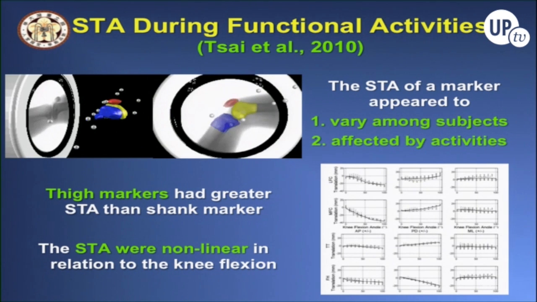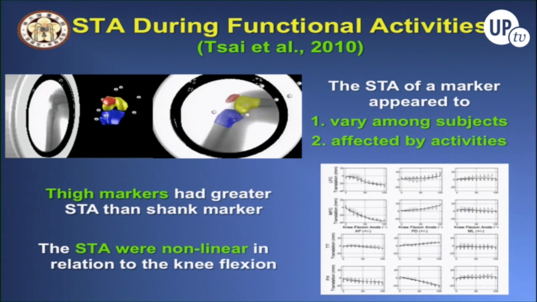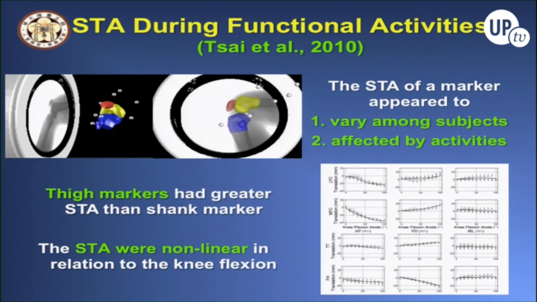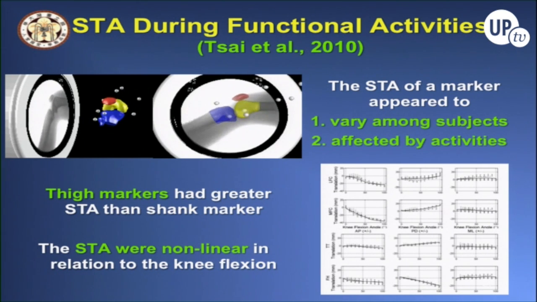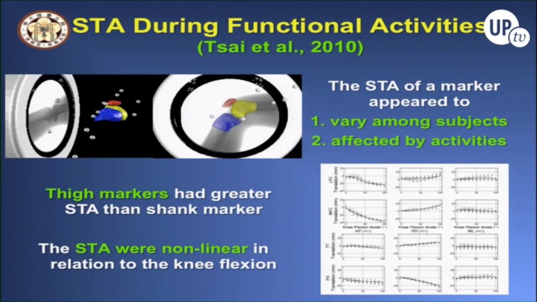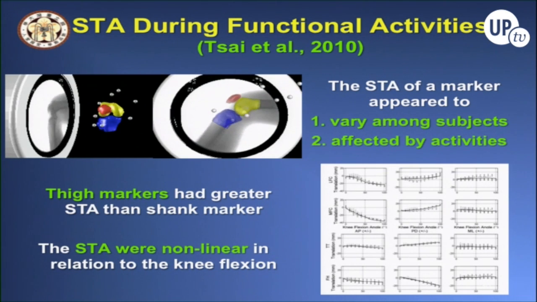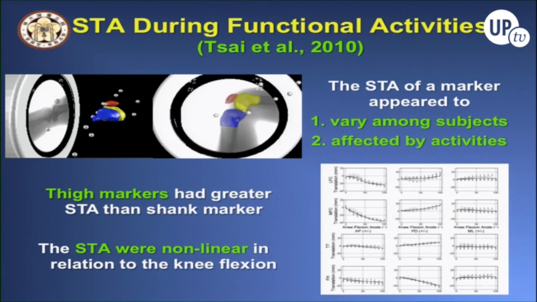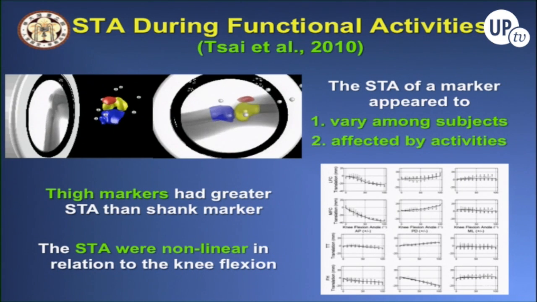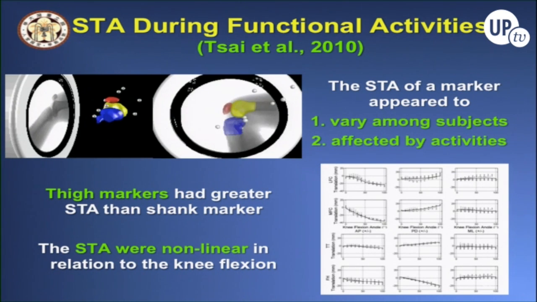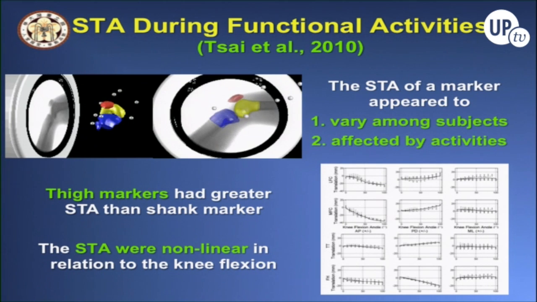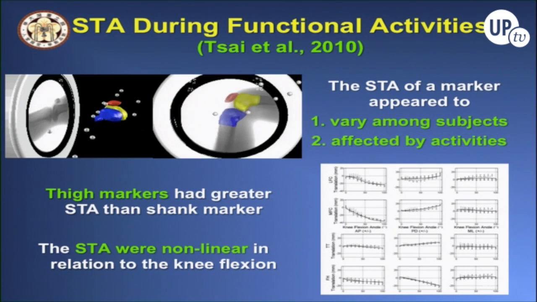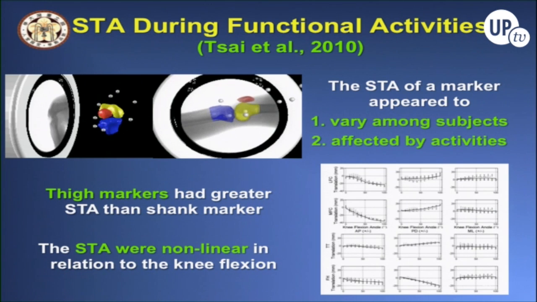Because the marker-based system has been used a lot in the world, we started to look at how the markers move with respect to the underlying bones, the so-called soft tissue artifacts. And we realized that the soft tissue artifacts of markers vary among subjects and are affected by activities. Thigh markers, as you can imagine, had greater skin artifacts than shank markers, and the STA were nonlinear in relation to the knee flexion.